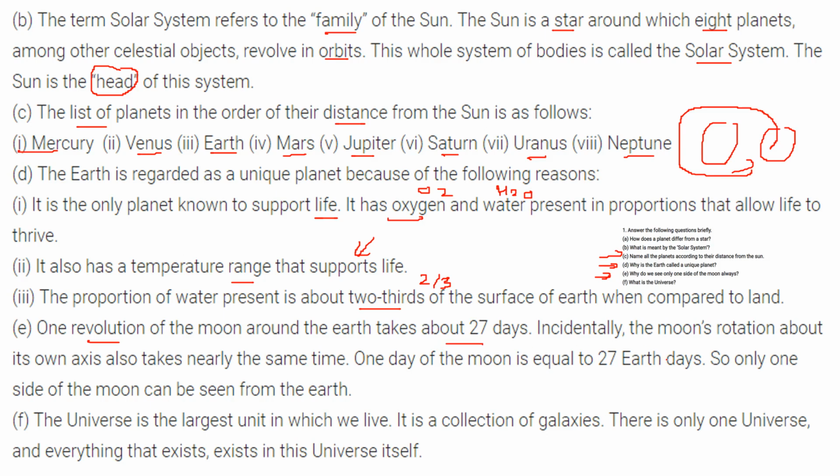And incidentally, the moon is also rotating about its own axis. So the times are nearly the same. 1 day of the moon is equal to 27 days on Earth. So they are almost similar. That's why only one side of the moon can be seen from the Earth.